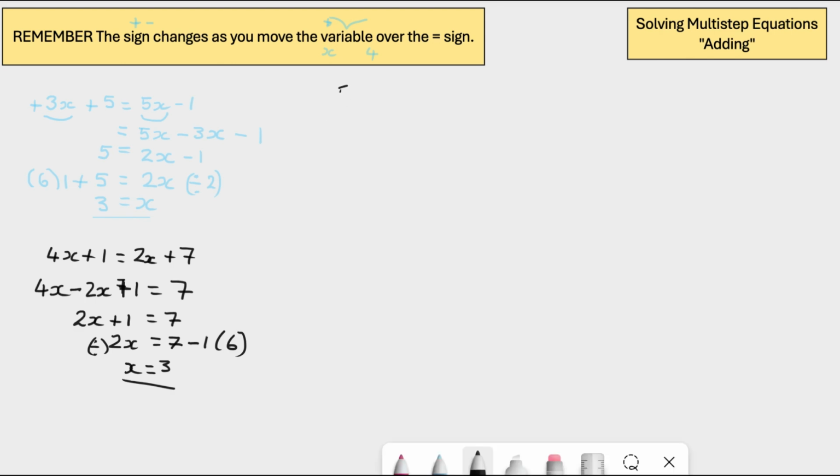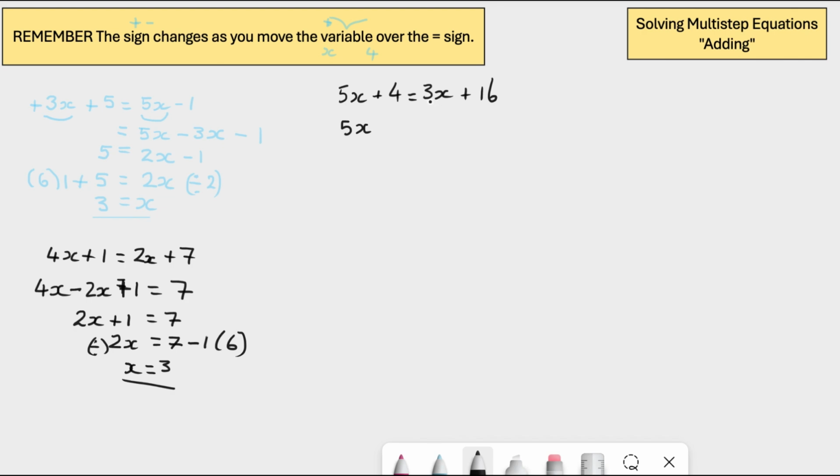On to the next one. We have 5x plus 4 equals 3x plus 16. So let's get our x's together. That's the biggest one, so I'm going to do 5x. I'm going to take this over.